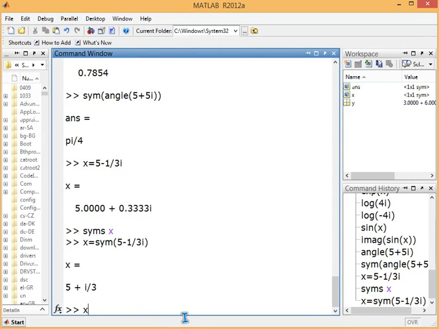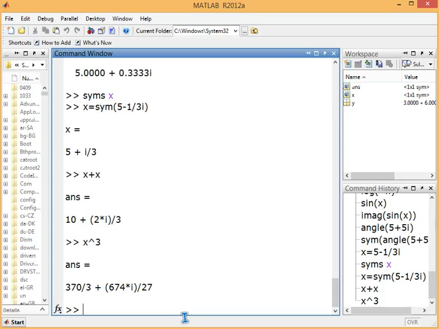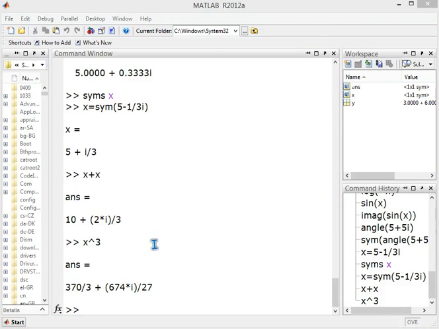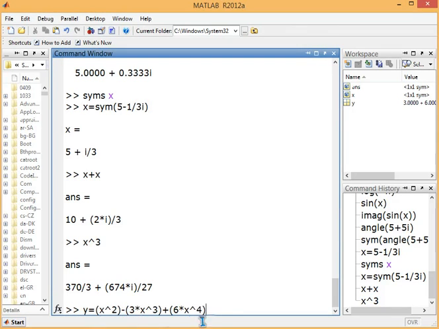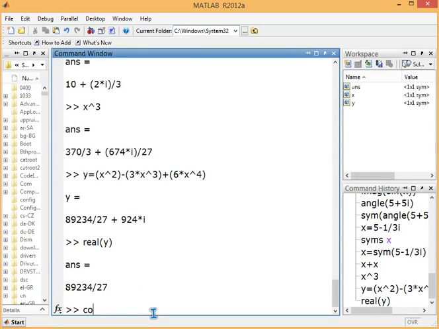Now x plus x, see, we have this, x raised to the power 3, this, and if we assign a bigger function to some y like this, then also we'll get y as this, and we can compute the real part of y and conjugate of y, with minus sign, this will be minus sign.